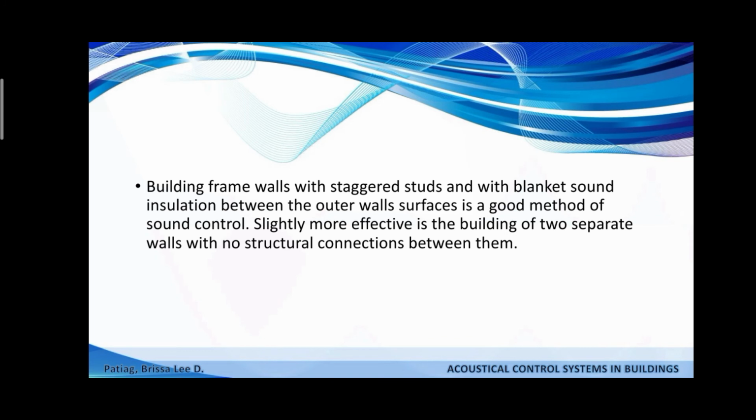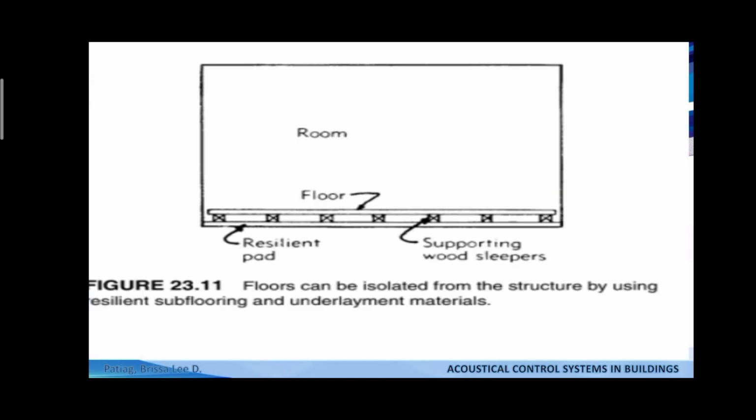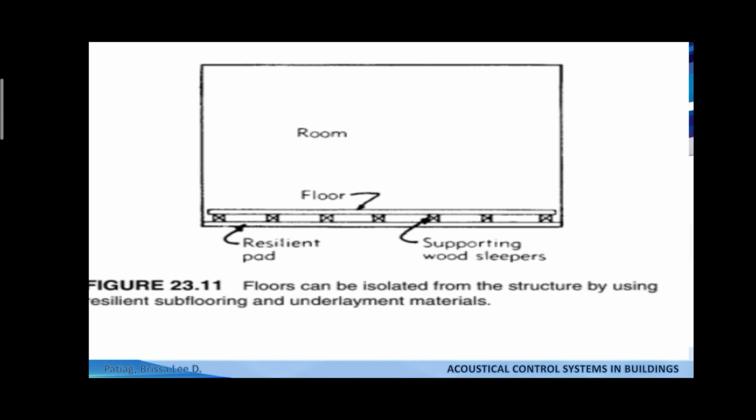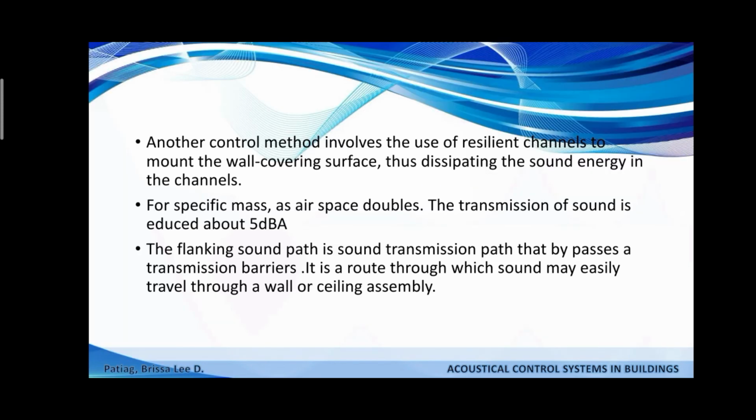So, ito yung, for example, floors that can be isolated from the structure by using resilient subflooring and underlayment materials. So, as we can see in this picture, nasa baba yung resilient pad with supporting wood sleepers. Tapos, dun pa lang yung floor and room.